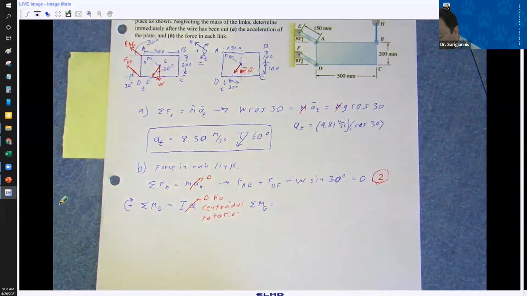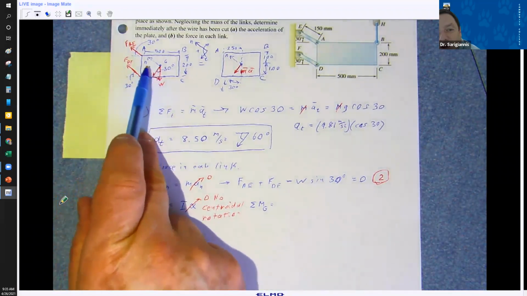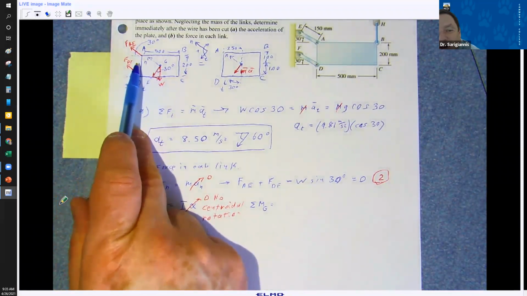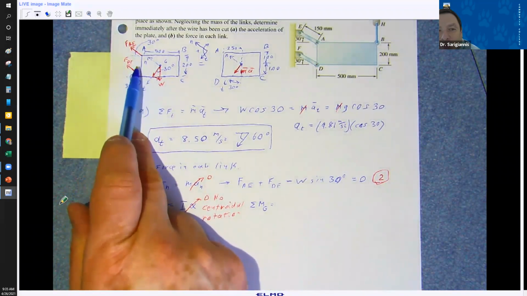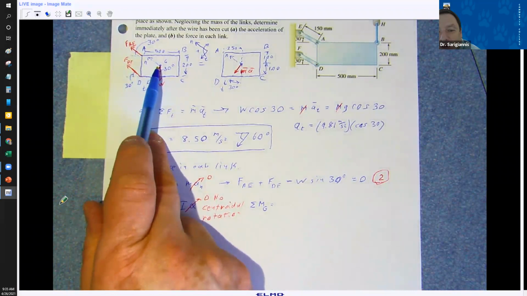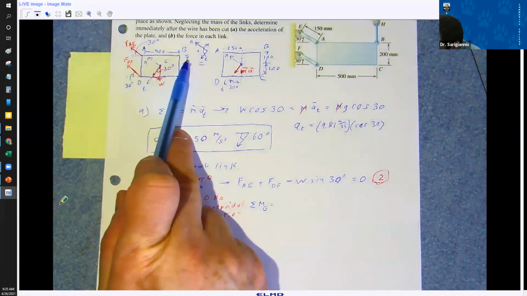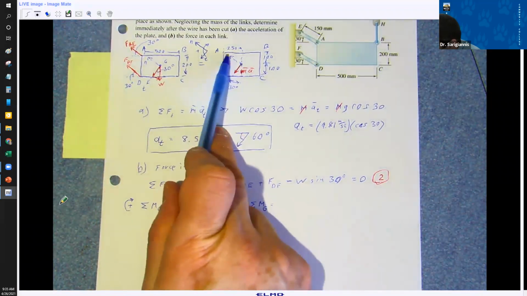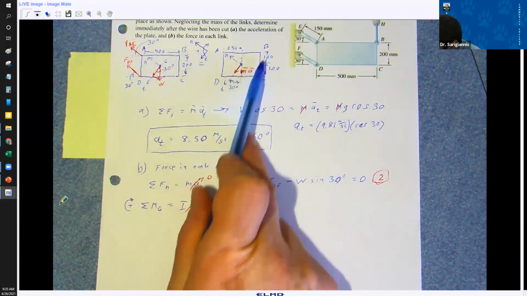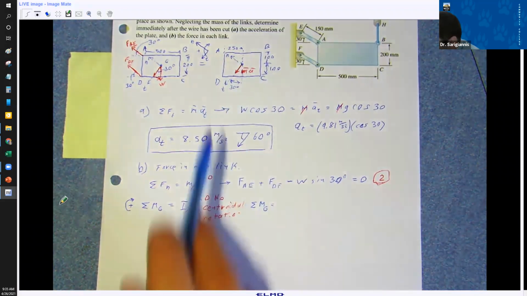All right, so let's look at each of these components. So now this is what I was talking about with the band, right? We have to break each of these forces down into their components with respect to G, the distance G. Because of the dimensions we have, we've got 250 millimeters from A to G and 100 from A to G and D to G, right? So it's right in the center.